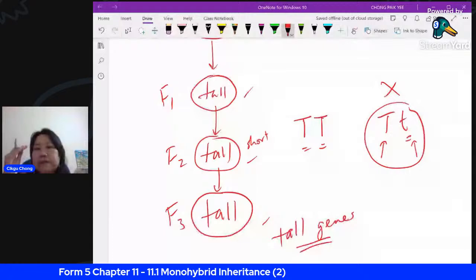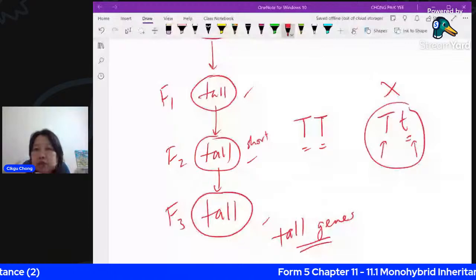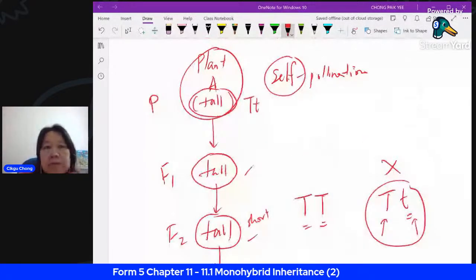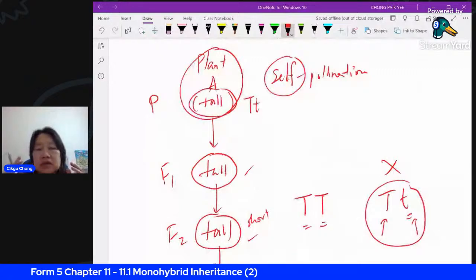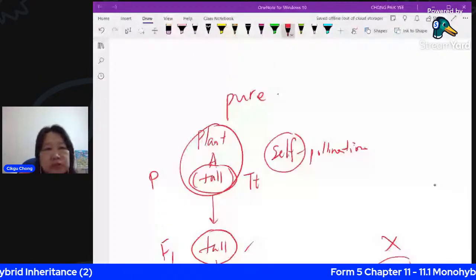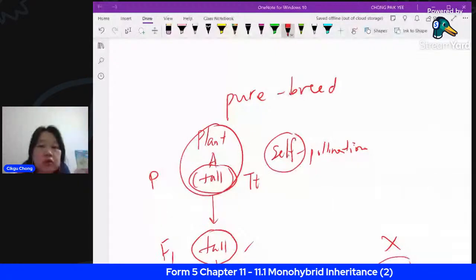After self-pollinating for so many rounds, he found that it doesn't appear to have any short features. So that means the plant that you started with must be a pure breed, because it only has one type of allele, which is the tall allele.